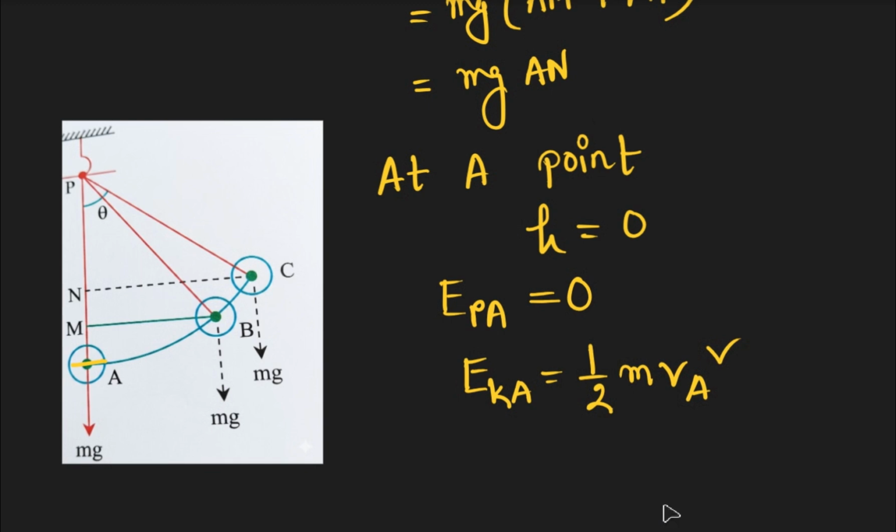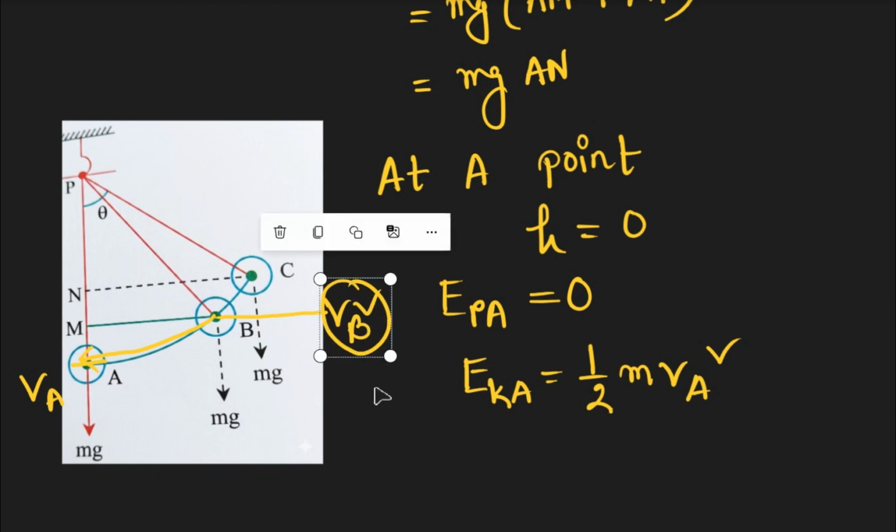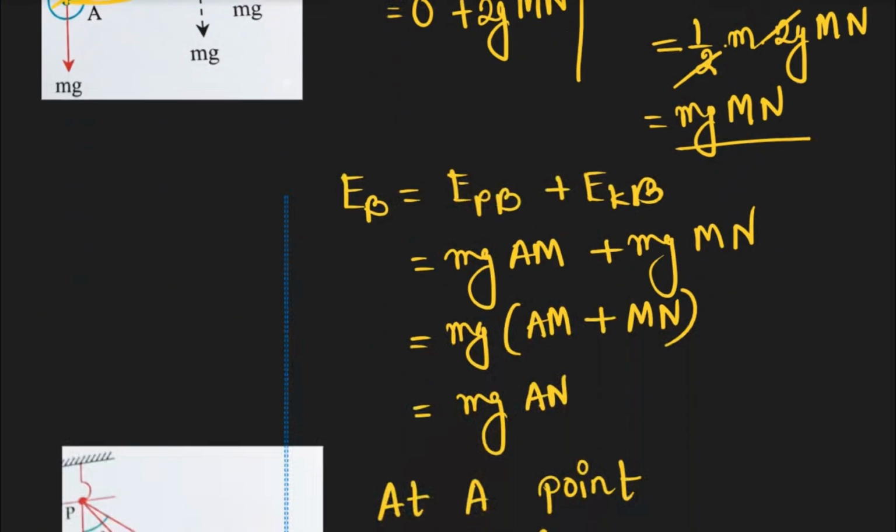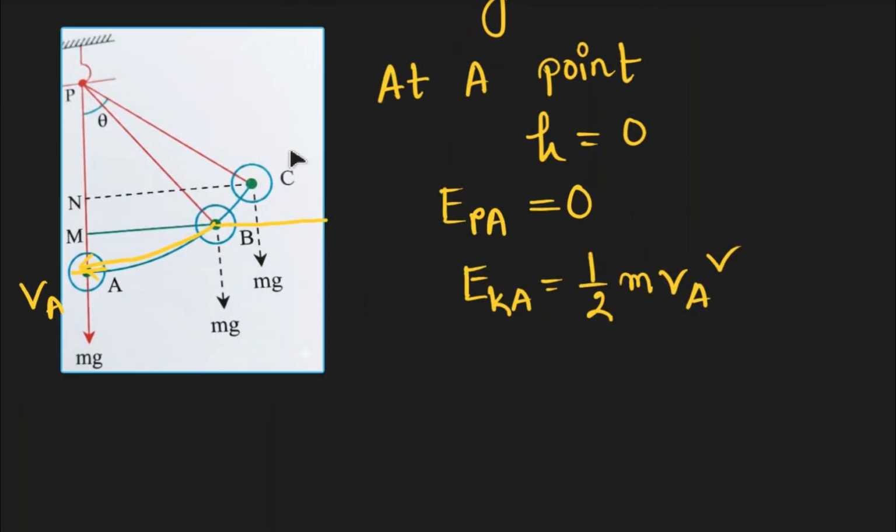When it is traveling from B to A, at point A the velocity is Va, and the initial point, coming from B, is actually VB, and we have already evaluated the value of VB squared, which is equal to 2g MN.